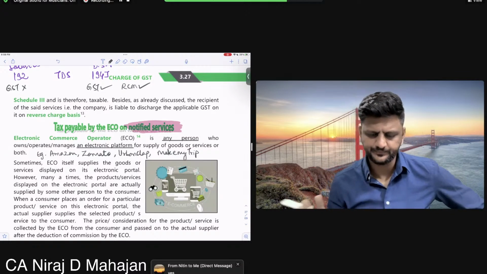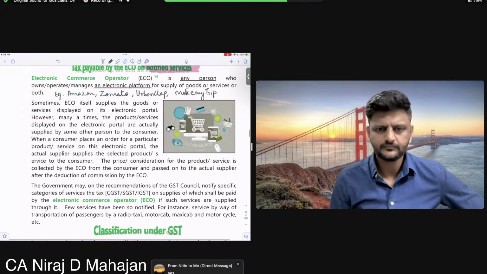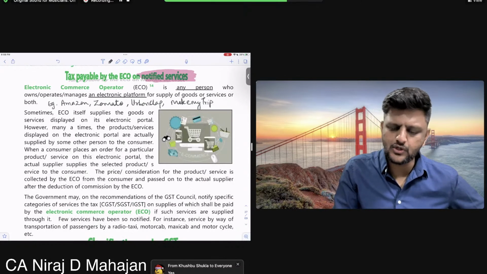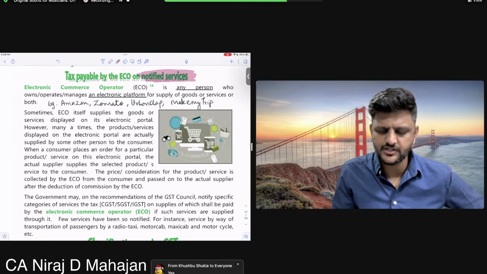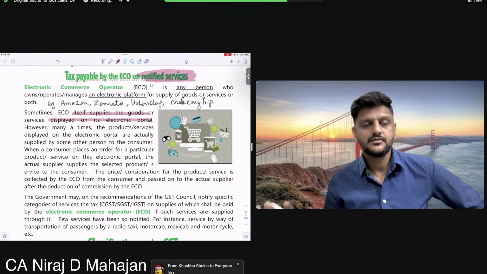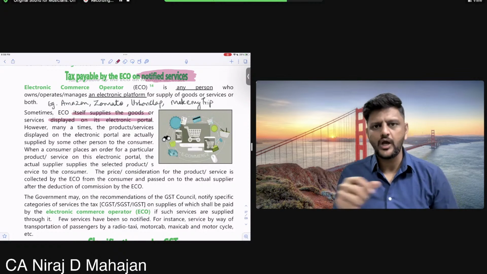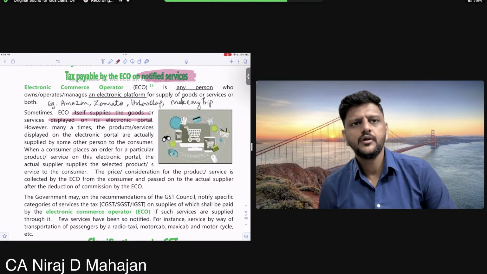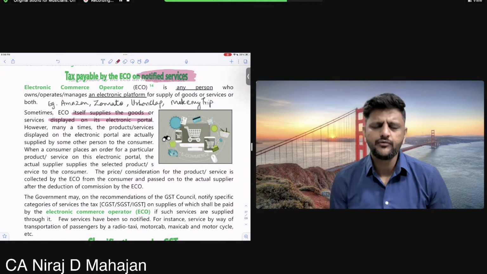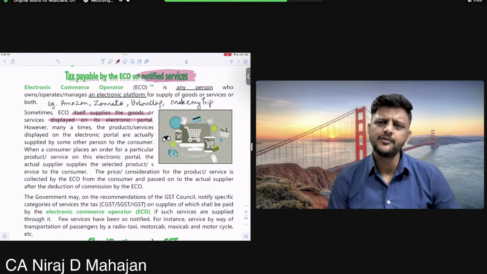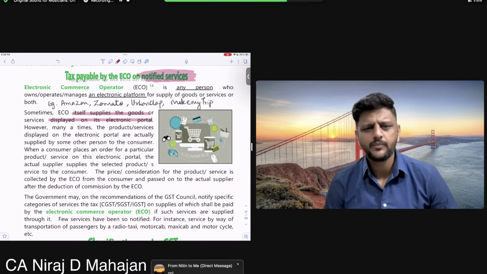Done till here? Sometimes ECO itself supplies the goods or services displayed on its electronic portal. Yes, this used to happen a lot, and today also it happens a lot. If you go to Amazon.in, have you heard of the Competition Commission of India?